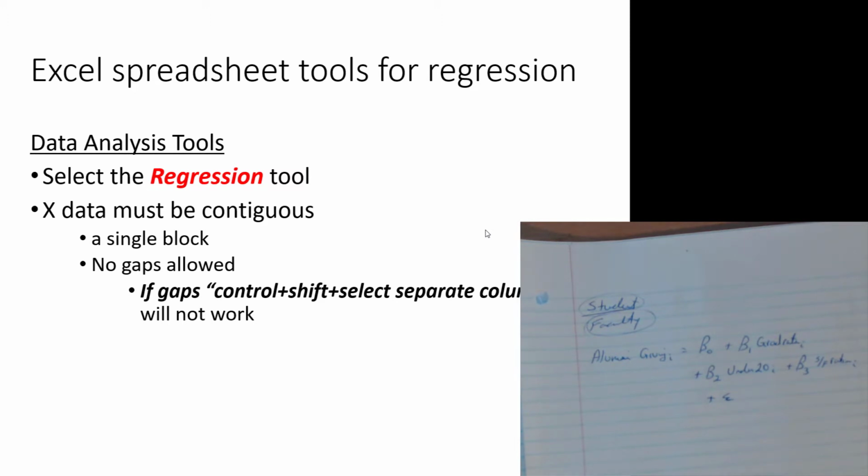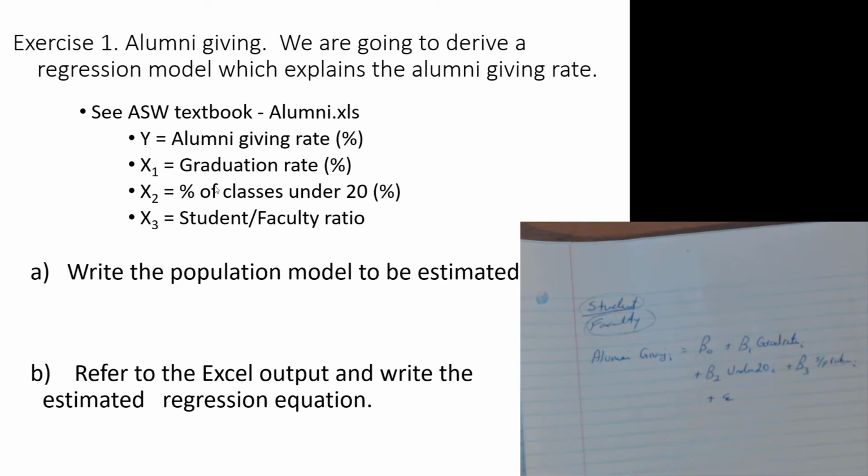So when we look at how our data would be arranged, we have designated X1 to be graduation rate, X2 to be classes under 20, and X3, the third parameter, to be student-faculty ratio. We would want those three columns of data to be together: graduation rate, then percentage of classes under 20, then student-faculty ratio. So you keep them in a certain order.